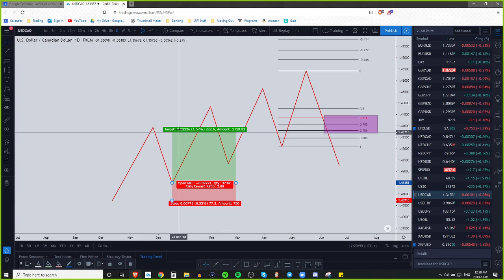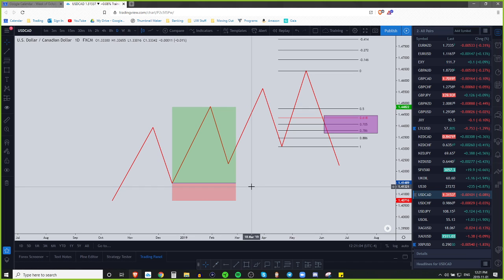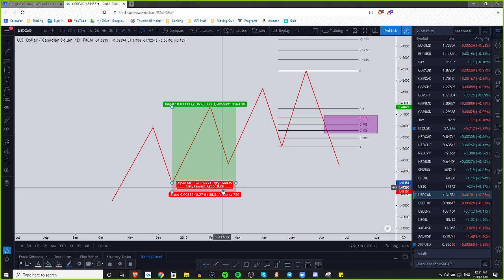And then you're targeting that area up here, and that's going to give you between a 1-to-3 and 1-to-4 risk reward ratio trade. It's with these institutional concepts and understanding how the institutions play that's going to give us even smaller risk trades for those even bigger reward trades.